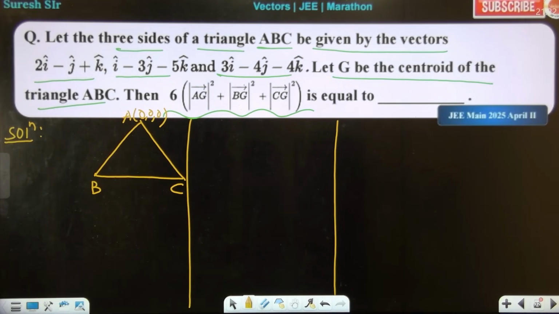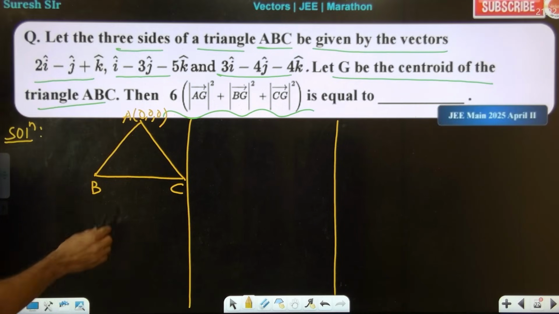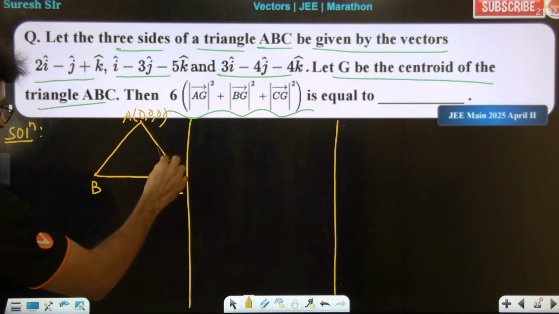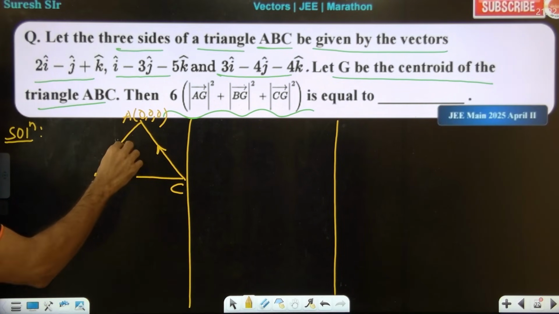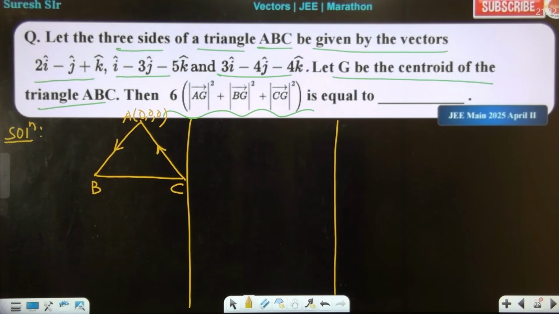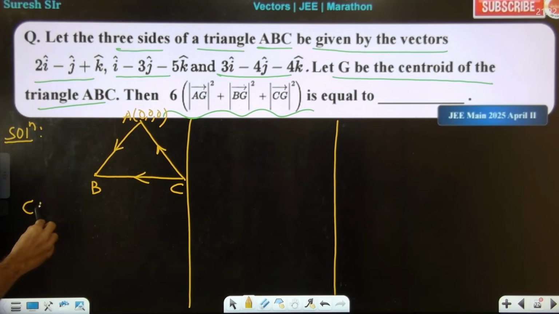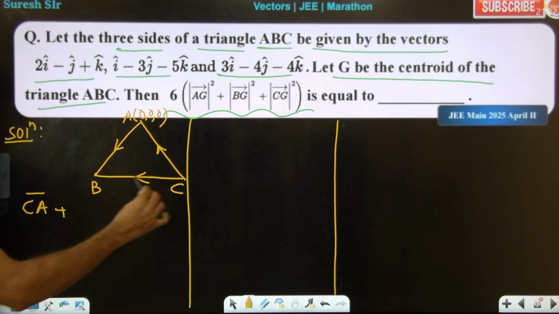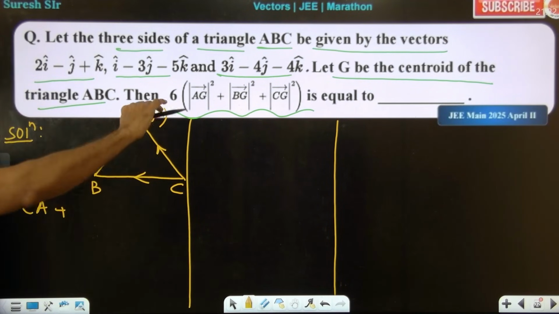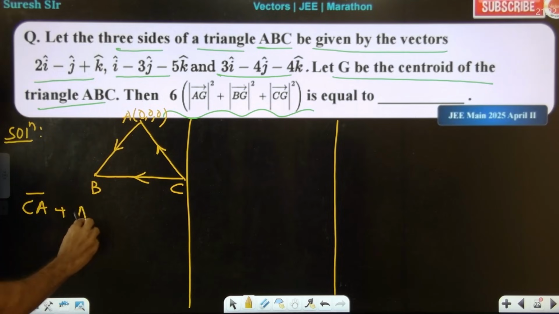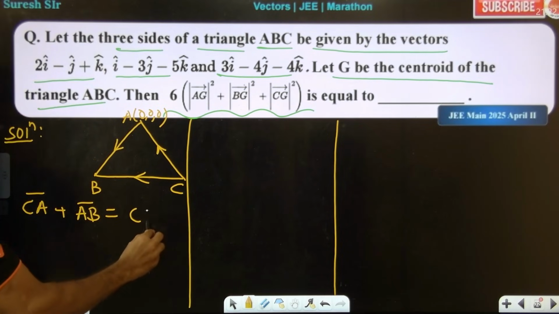Now tell me sir. Here CB. What is CB sir? CA plus AB is equal to CB. Can I write like this? CA plus AB is equal to CB sir.